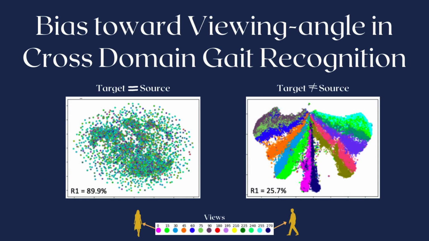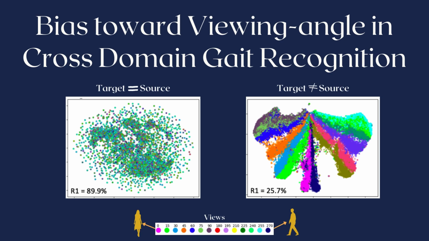These figures show the distribution of gait representations color-coded by their viewing angles. In the source domain, left figure, the distribution is nearly uniform, invariant to views. In the target domain, the right figure, the clustered colors imply a strong bias toward the viewing angle.